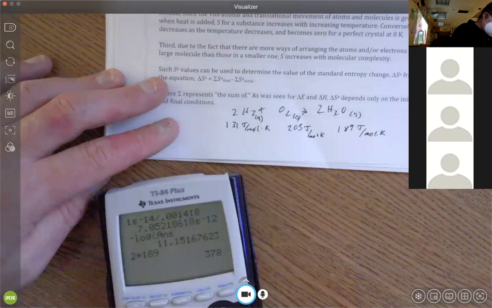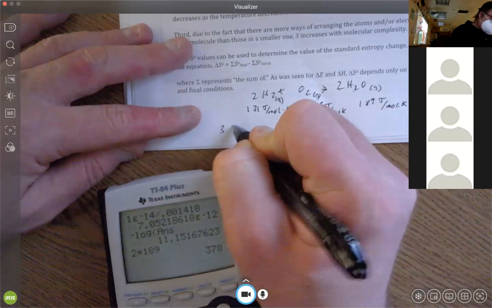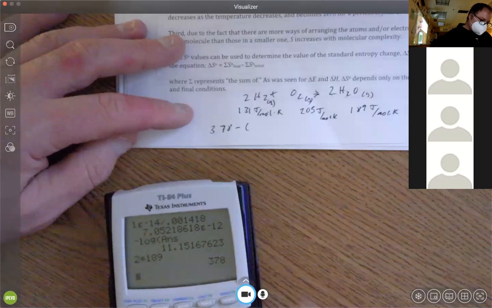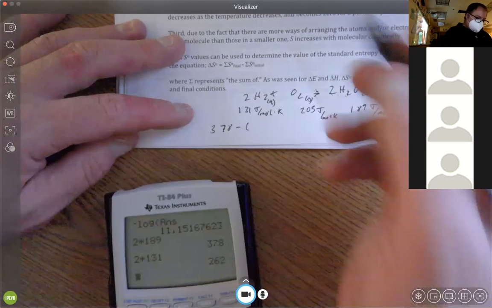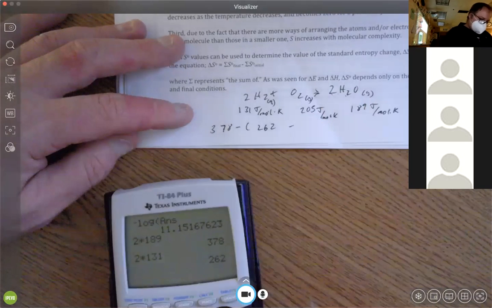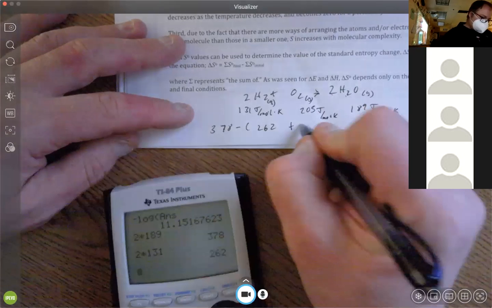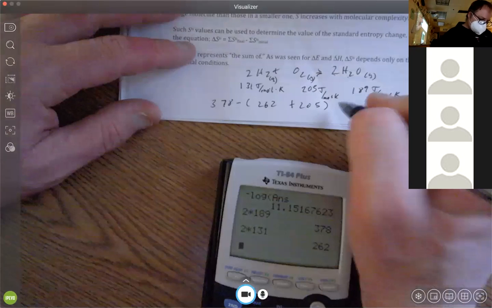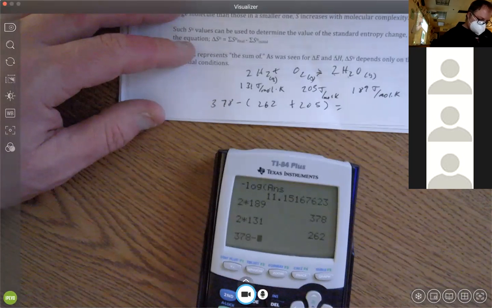Again, it is products minus reactants. So we have 2 moles of H2. So 2 times 131 is 262. And this is going to be the summation. And we have 205 because we only have 1 mole of this. So if we take a look, 378 minus 262 minus 205.